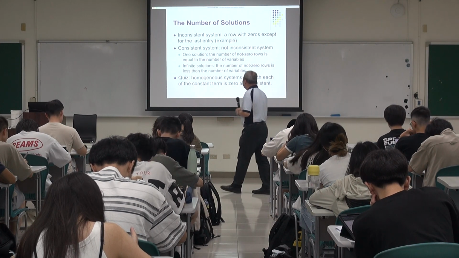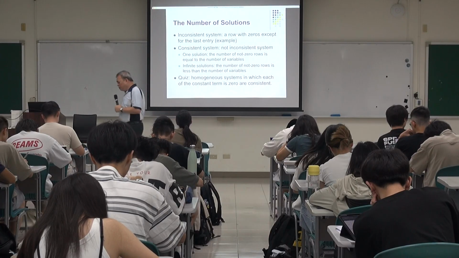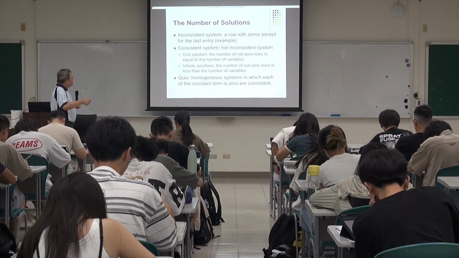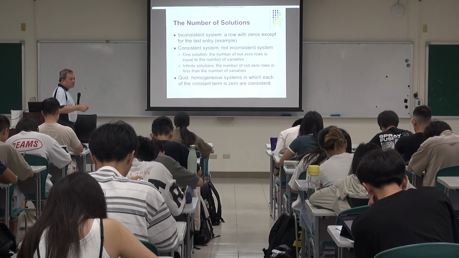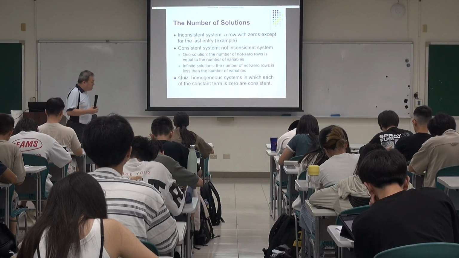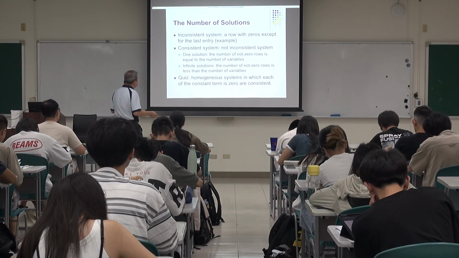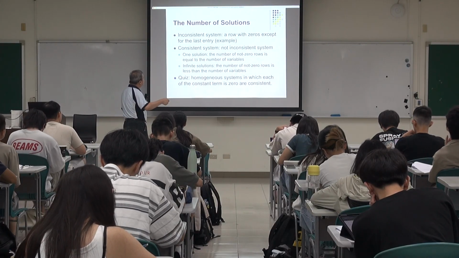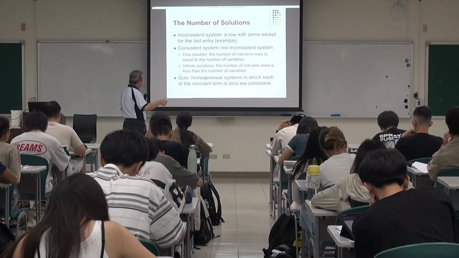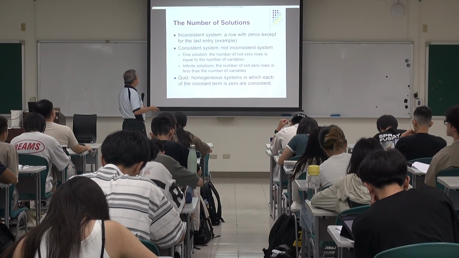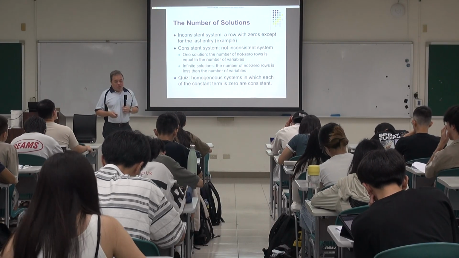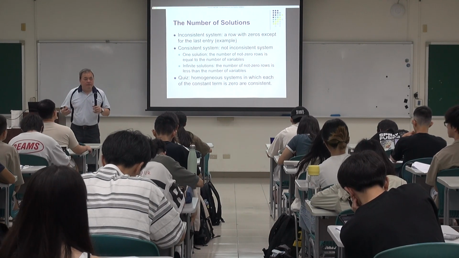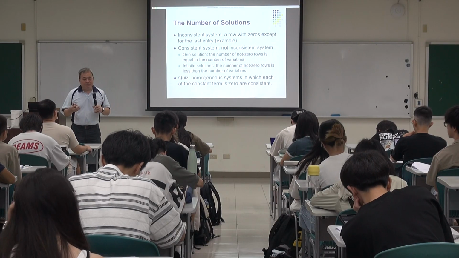So now you know how to do a row echelon form. Remember we discussed the number of solutions. If you have an inconsistent system, then you are going to end up with a row with zeros except for the last entry. Here, of course, I'm talking about the augmented matrix.